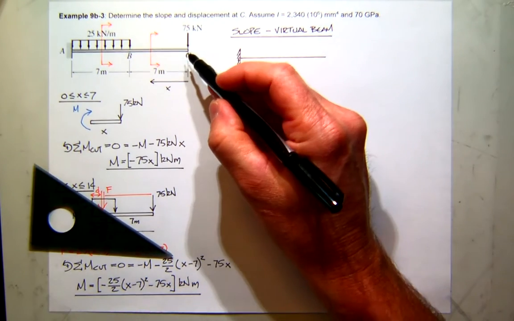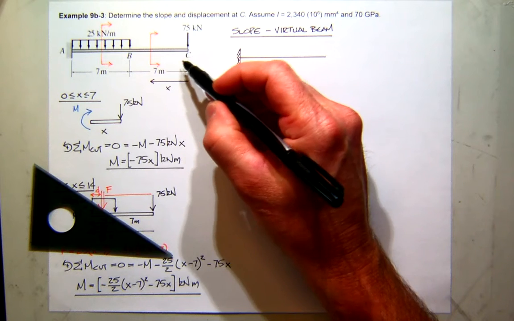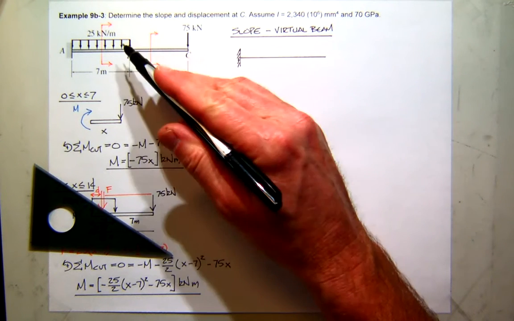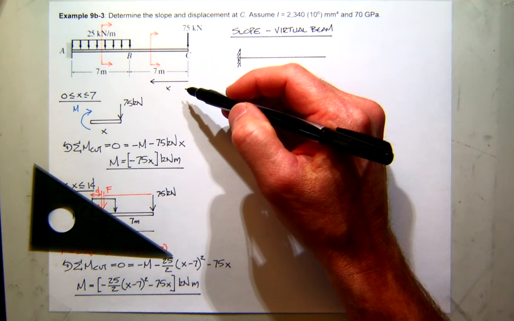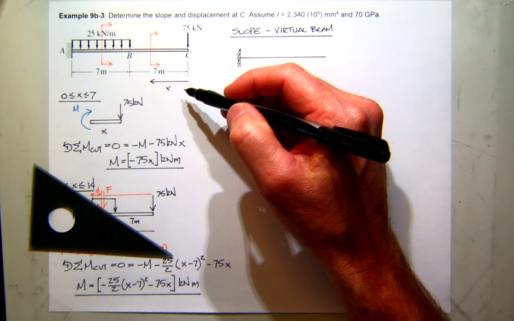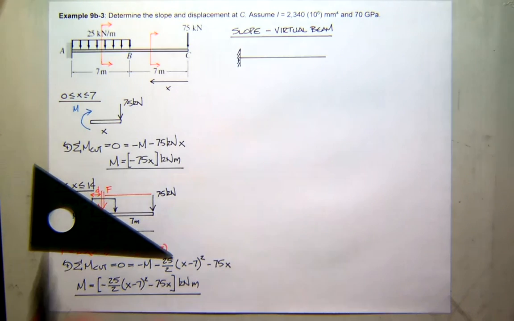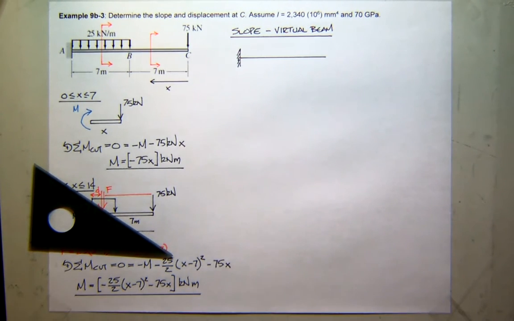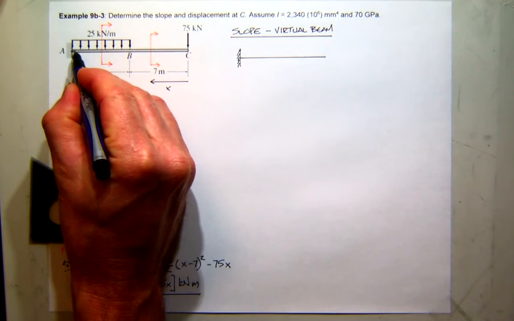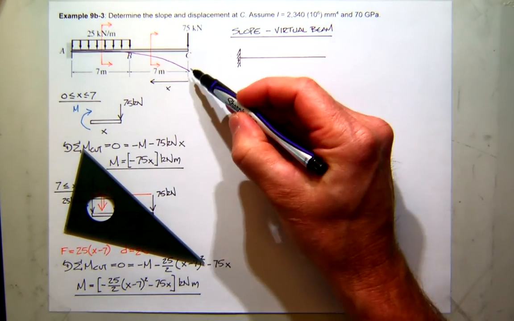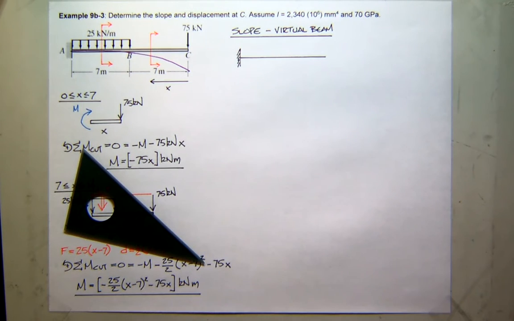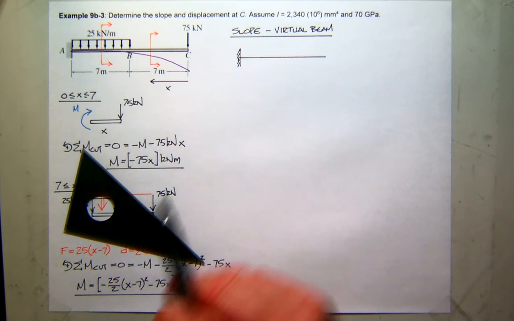Now let's think about this. This point C, under this loading condition, do you think it's going to move up or down? Probably down, right? And as it moves down, I wouldn't be at all surprised if the deflection had some shape like this. So what do you think this slope at C is going to be, positive or negative? Negative.